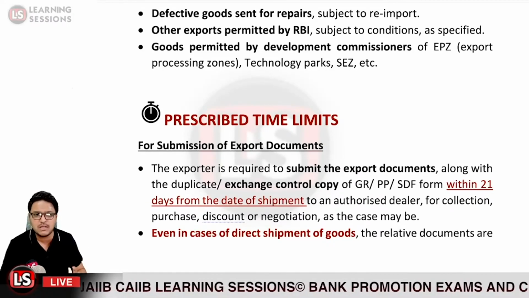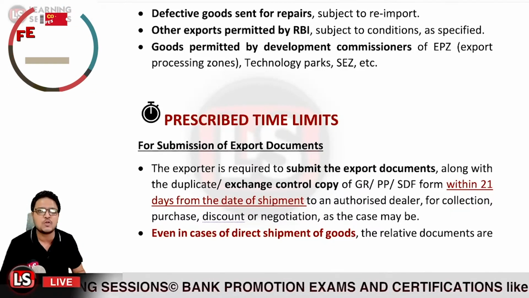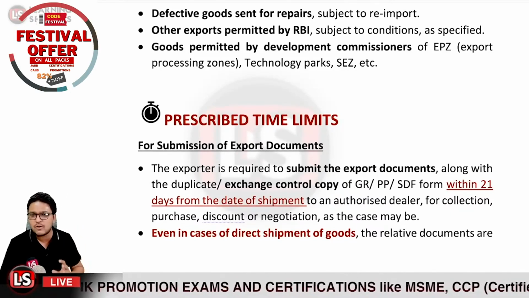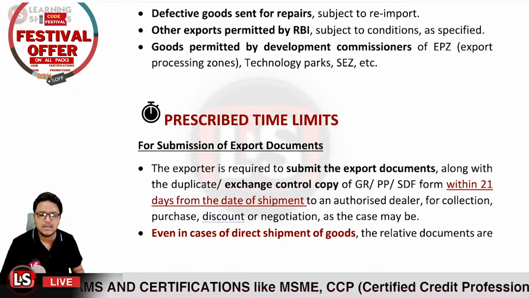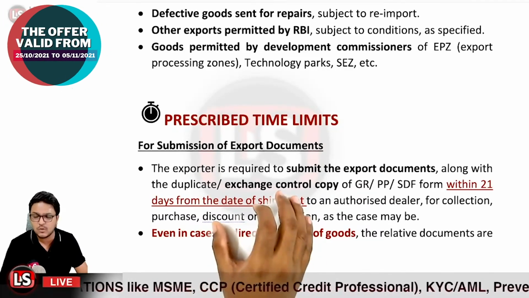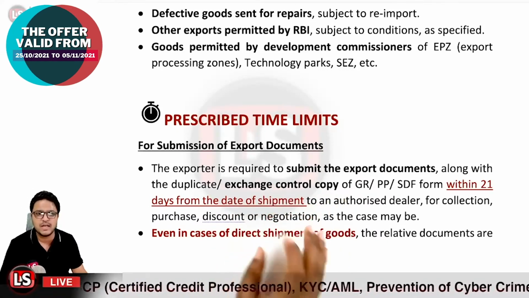So within 21 days from the date of shipment, these are to be submitted to the authorized dealers. If the bank has negotiated, purchased or discounted the bill, in that case the declaration forms are to be obtained within a period of 21 days from the date of shipment.